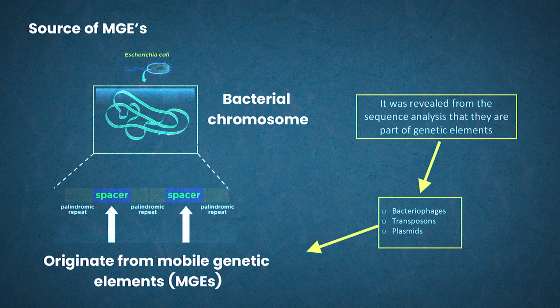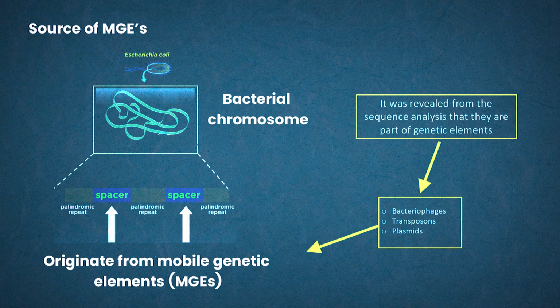So if the bacteria have some sort of defense mechanism against these different bacteriophages, they need to keep a tab, or a memory, of these different invaders. Now if you study the entire genome of bacteria, you will see a lot of spacer DNA.